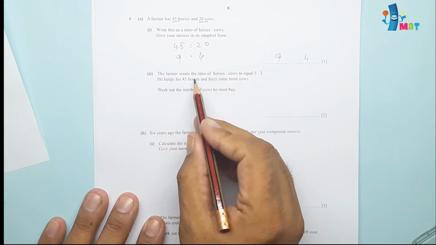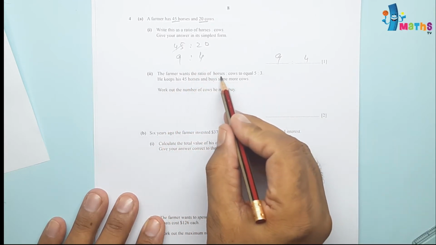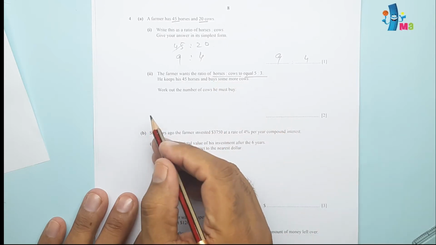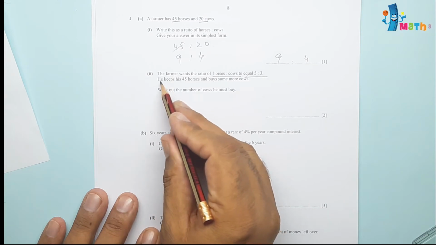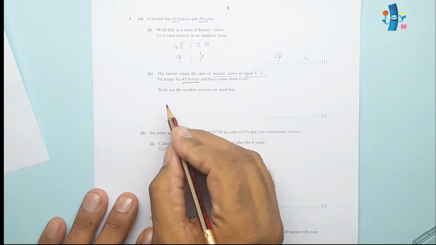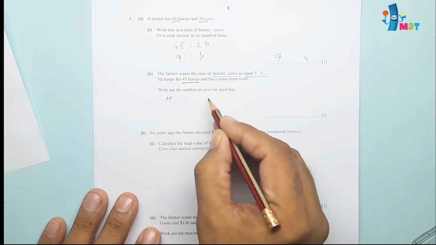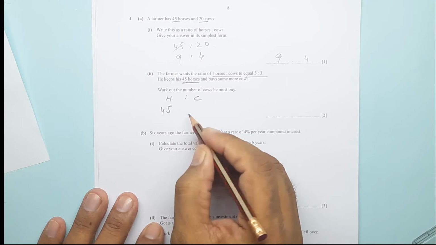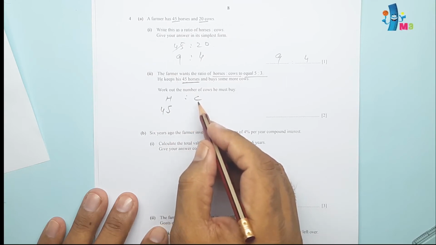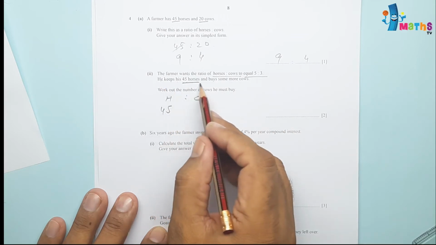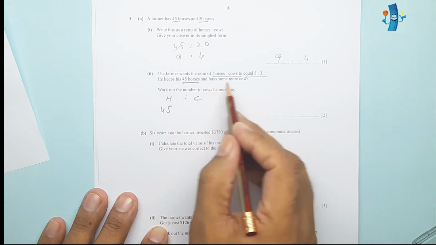Second part, the farmer wants the ratio of horses to cows to equal 5:3. He keeps his 45 horses. How many cows will be required if he buys some more cows?